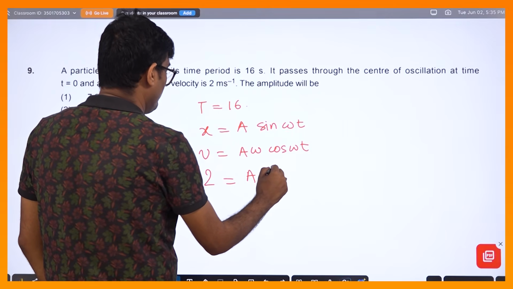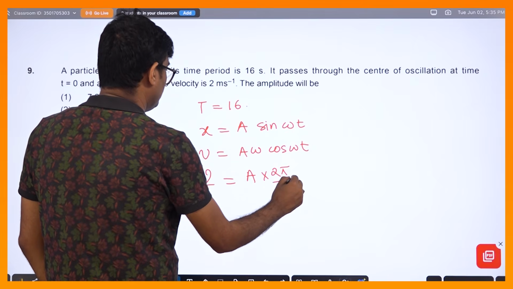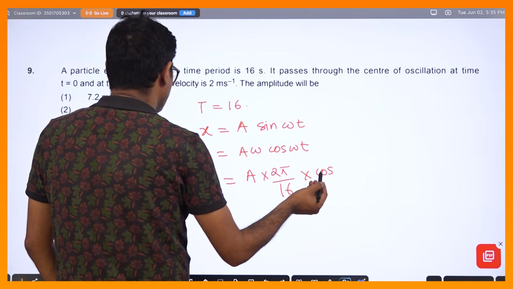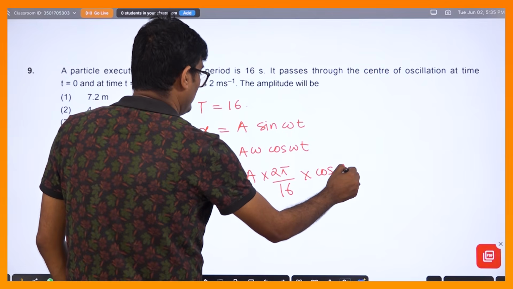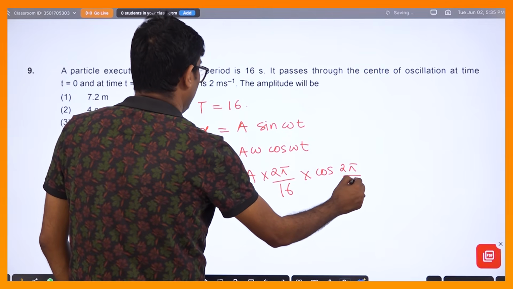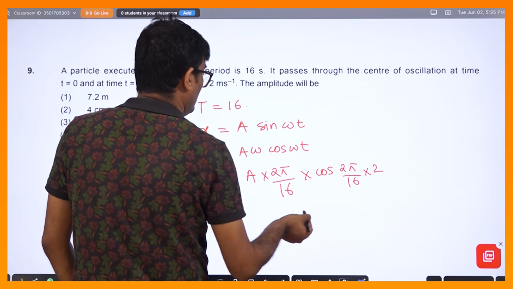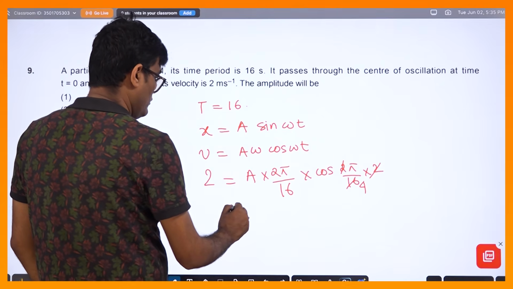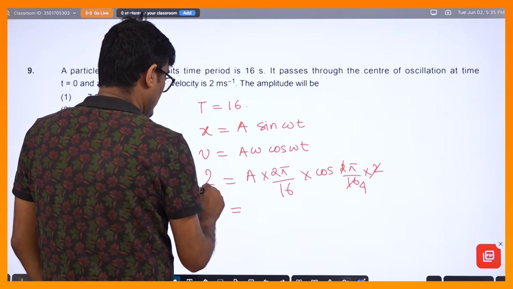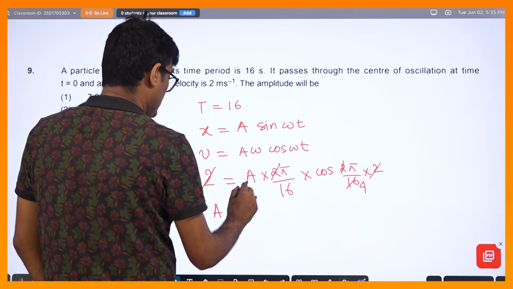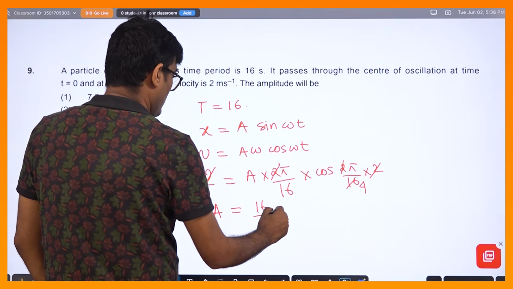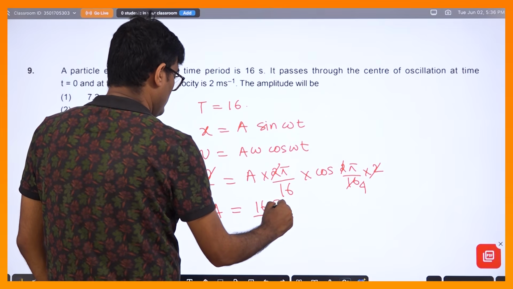Omega is equal to 2 pi by time period into cos of omega t. Now omega is again 2 pi by time period 16 and the time is given 2. So it is pi by 4. Cos pi by 4 is 1 by root 2, right? So 2 gets cancelled out. A becomes 16 by pi root 2.